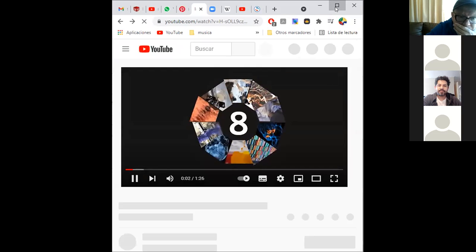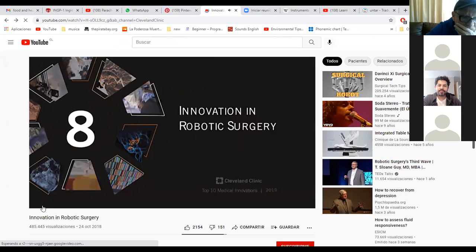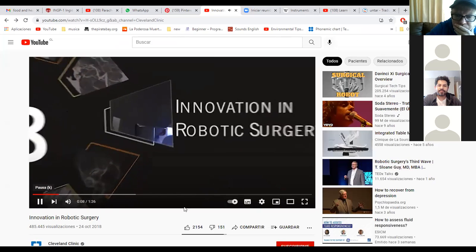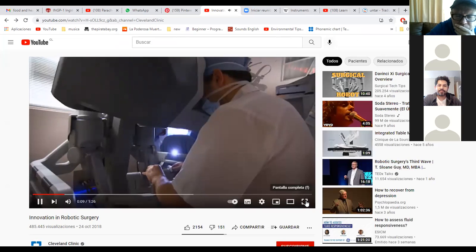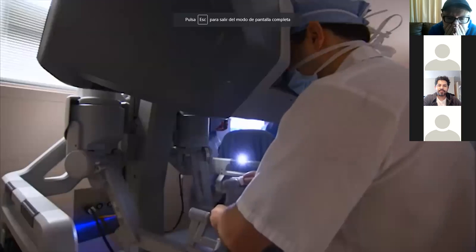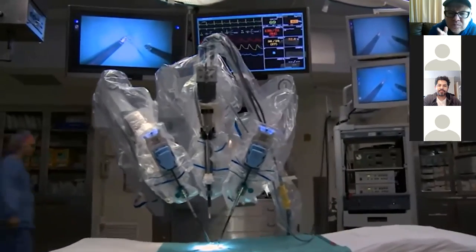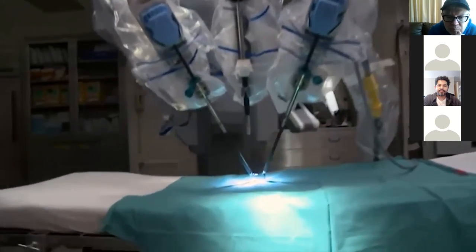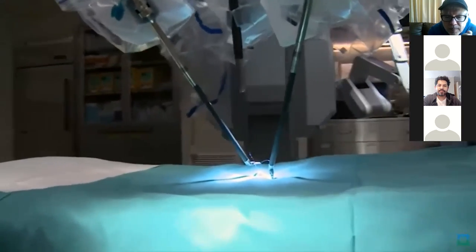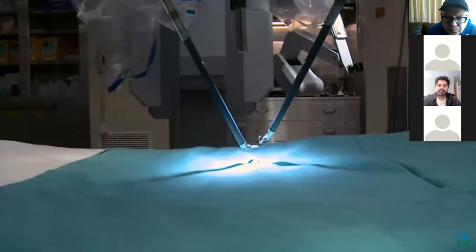Number 8, innovation in robotic surgery. An extension of the physician's hands, robotic surgery provides pinpoint accuracy. Advances in the field range from the development of more accurate planning tools and software to increased automation of tasks during surgery.